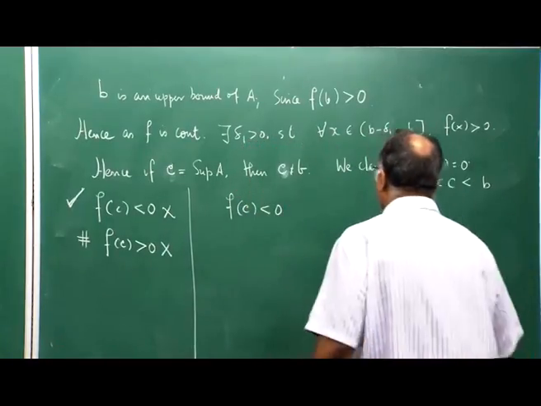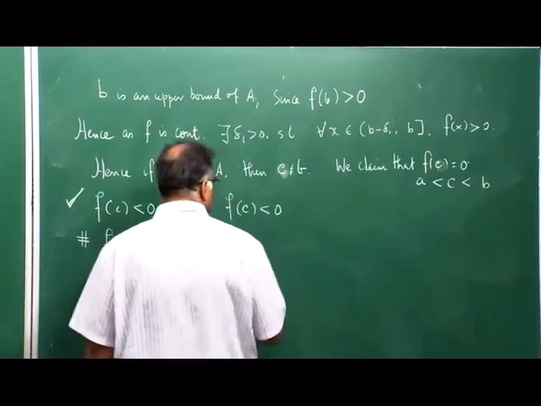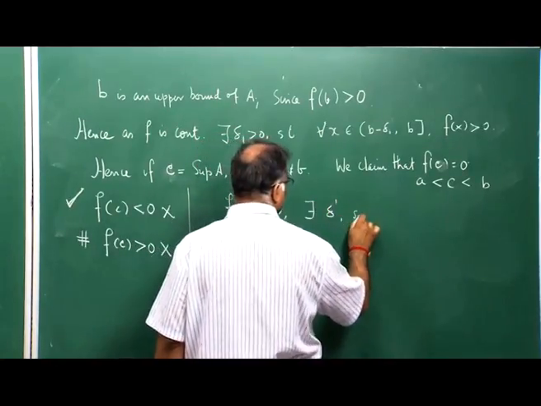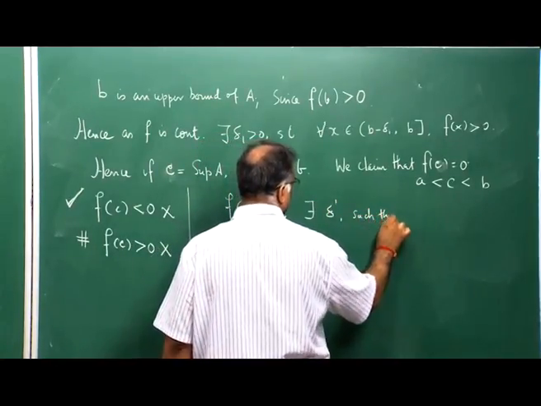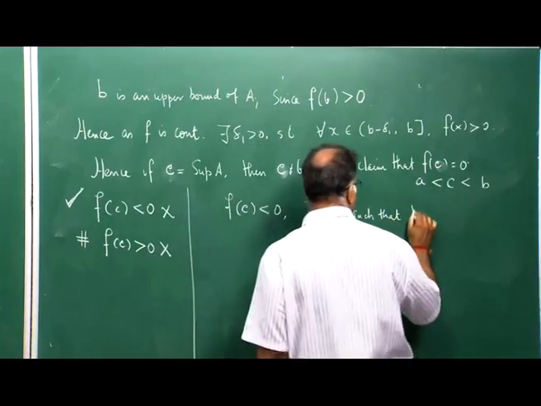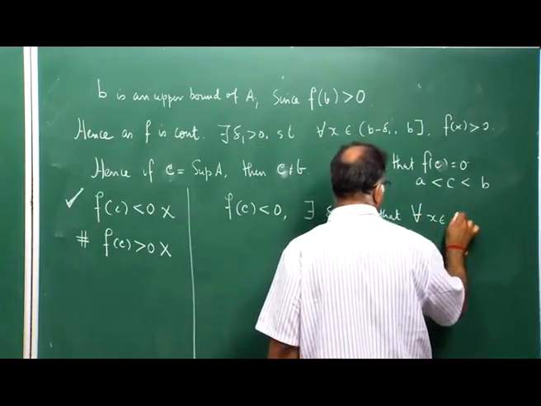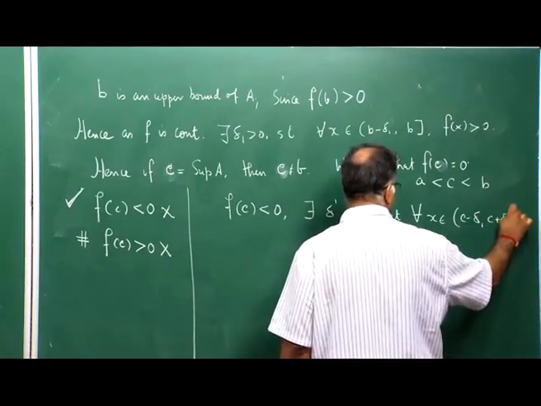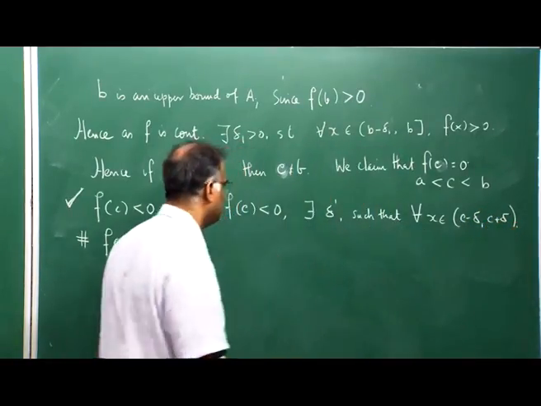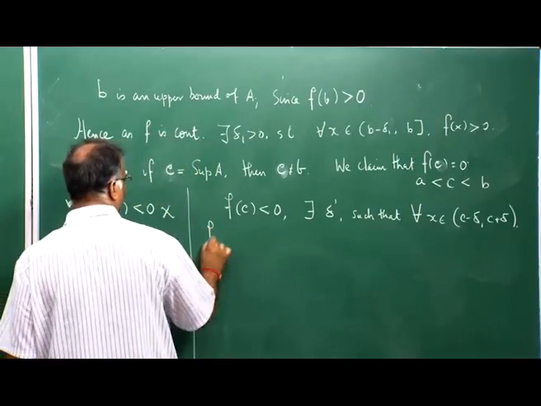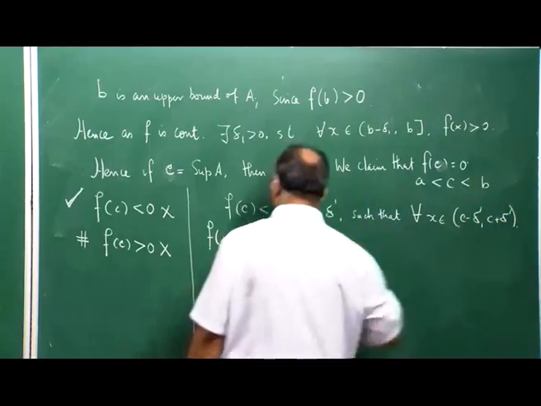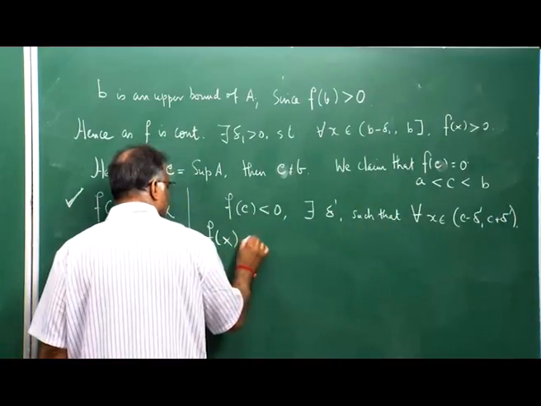And if f of c is strictly less than 0, there exists delta dash such that for all x in c minus delta dash to c plus delta dash, f of x would be strictly less than 0.